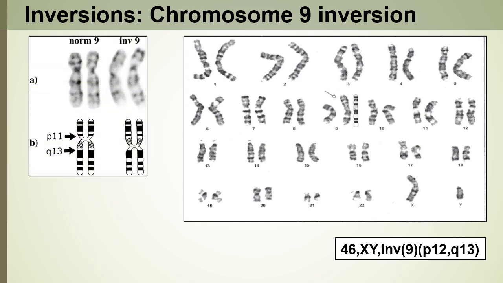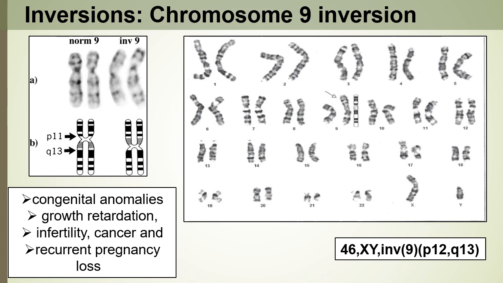If we magnify the image, pericentric inversion is seen between p11 to q13. The common symptoms include congenital anomalies, growth retardation, infertility, cancer and recurrent pregnancy loss.